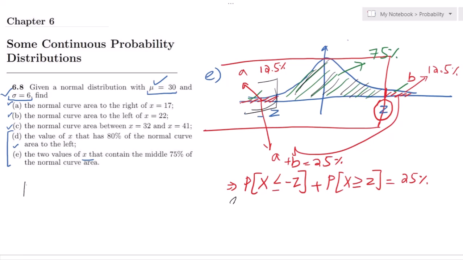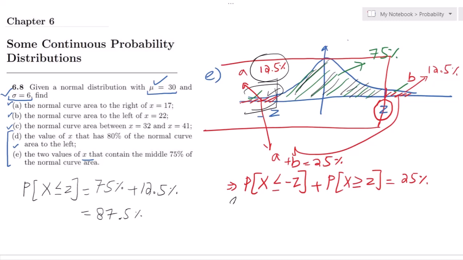So the probability that x is less than or equal to z is equal to the probability of this one and this one and this one, which is basically 75% plus the remaining 12.5%, so it would be 87.5%.